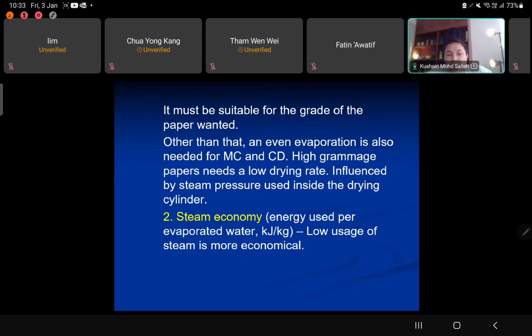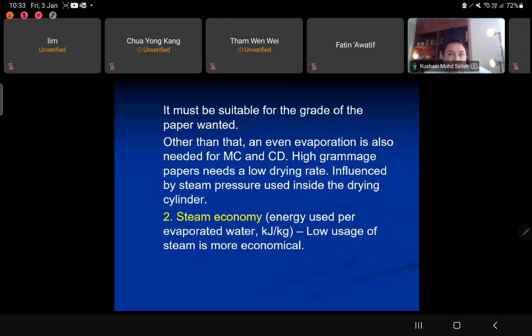So when you are talking about the steam economy, usually they will use a similar technology throughout the process. Since this is an approach flow system, we are talking about a continuous process. So they need to use the same quality of the fiber.